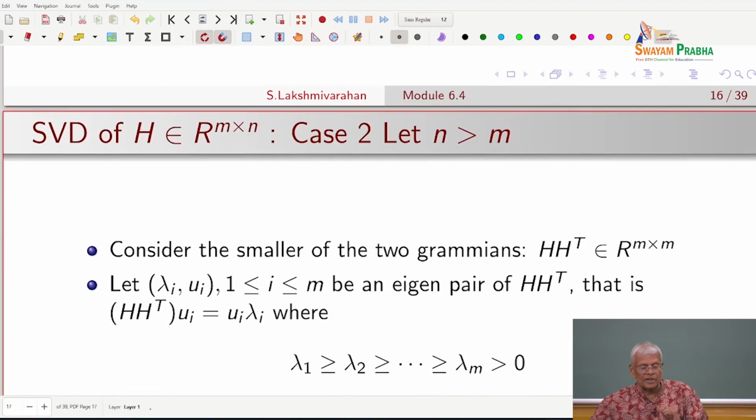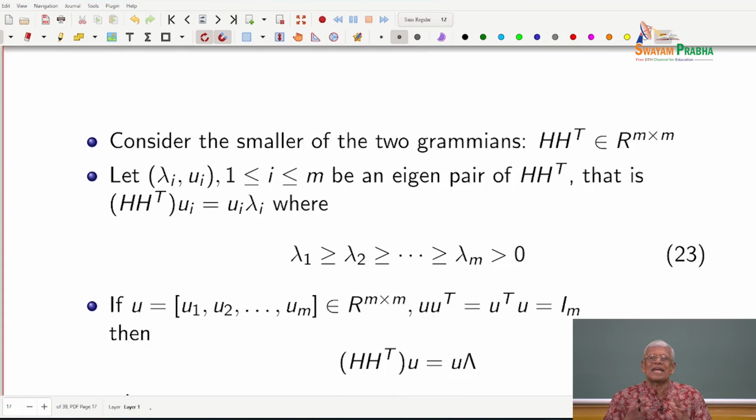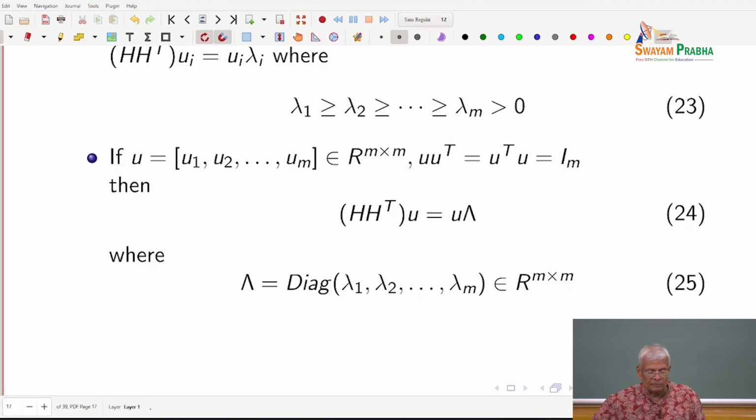Likewise, I have the SVD for the case m cross n when n is greater than m, with the smaller of the 2 Gramian being HH transpose. So what is the basic idea? Always start with the smaller of the 2 Gramian. In one case H transpose H is smaller, in another case HH transpose is smaller. The same methodology follows. So I get 23, the arrangement of eigenvalues in decreasing order for the smaller of the 2 Gramian.